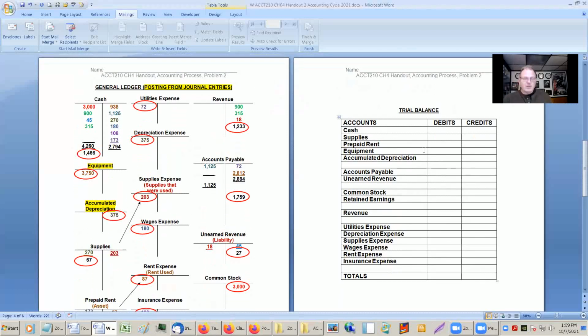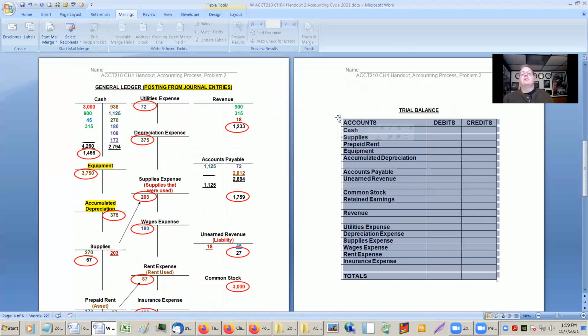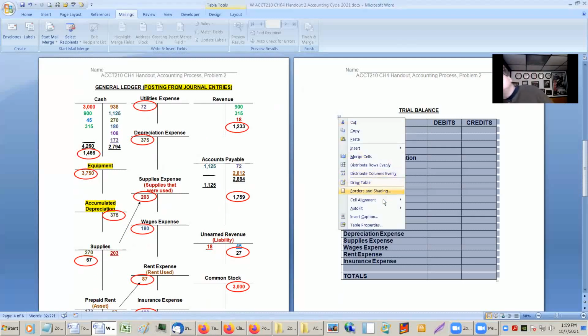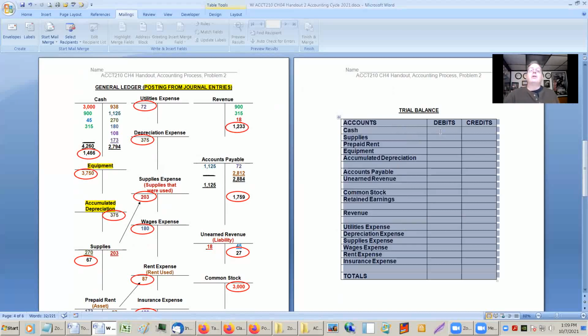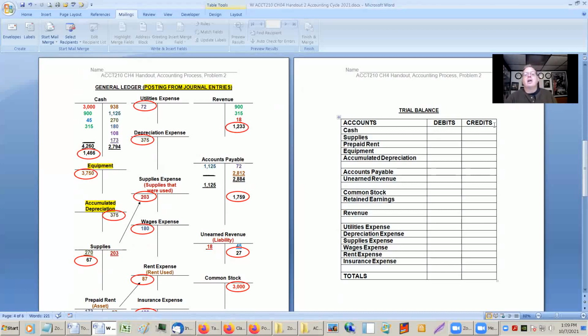Okay, let me try to make this bigger. I'll probably goof it up if I make it bigger. Okay, so cash would be a debit of 1466.67.